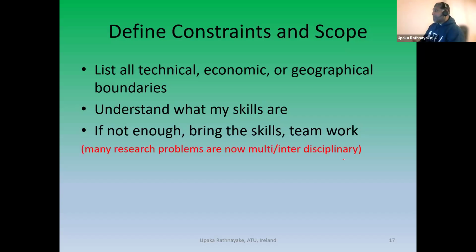As you know, many research problems are now multidisciplinary or interdisciplinary. They are not single-directed ones. You have to think about various aspects, because even if you look at the United Nations Sustainable Development Goals, nothing is specific.